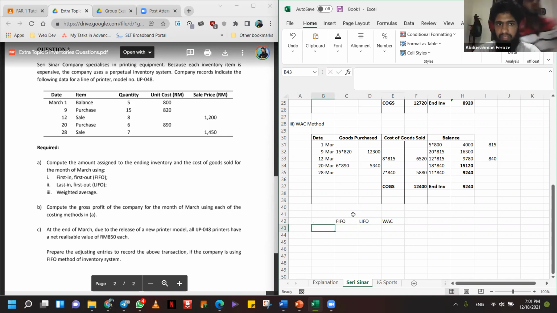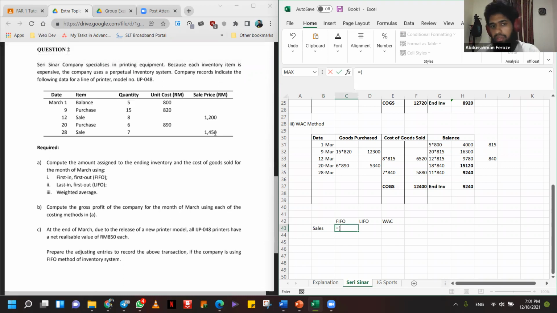First we have sales. The total sales in the month of March. We sold 8 printers for 1,200 and 7 printers for 1,450.